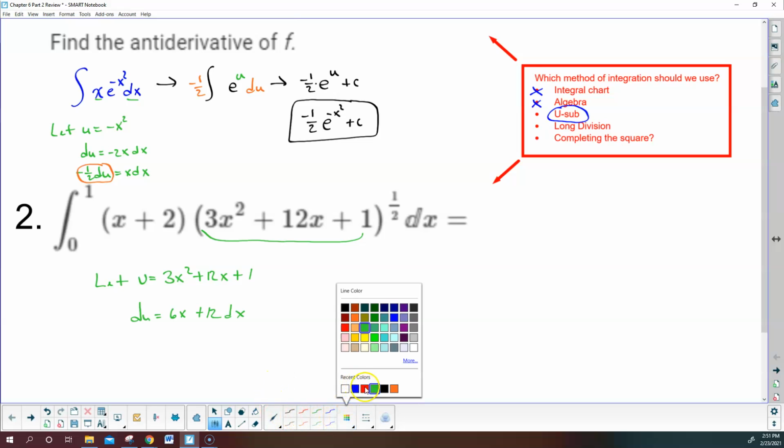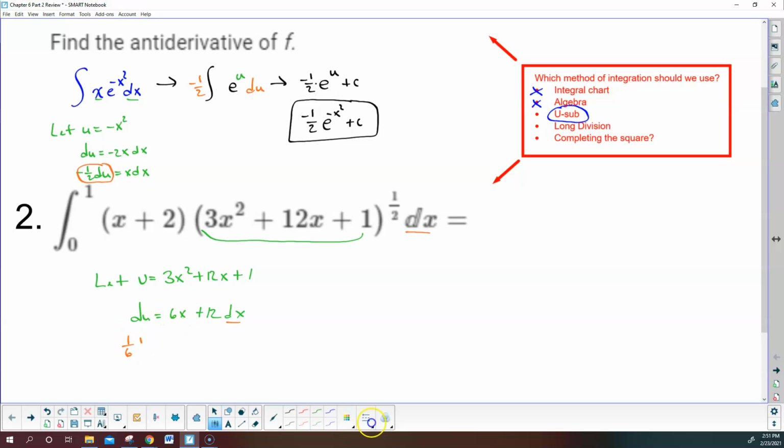Now you'll notice something here. My du, okay, so I have the dx here. That's going to take care of that part. But I don't have exactly what I need, x plus 2, but I have something close to that. What if I divide a factor of 6 over here? So if I divide by 6, both sides, and I can put this in parentheses, notice I have exactly what I need right here.